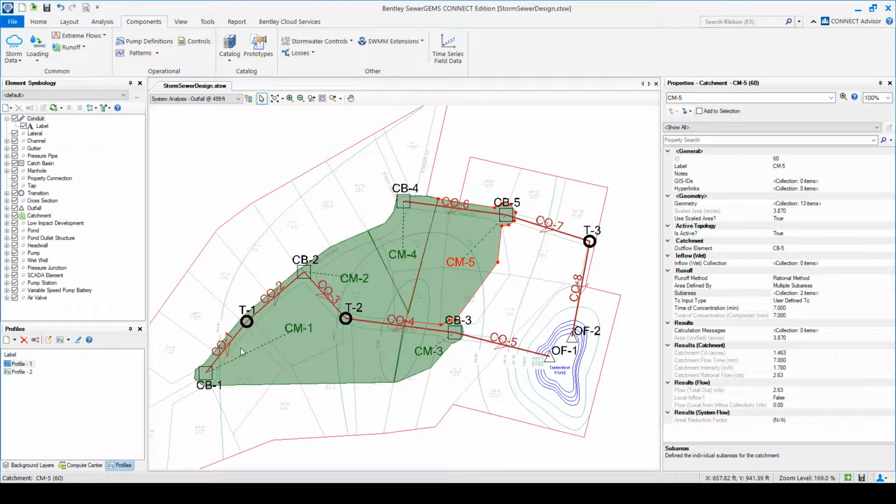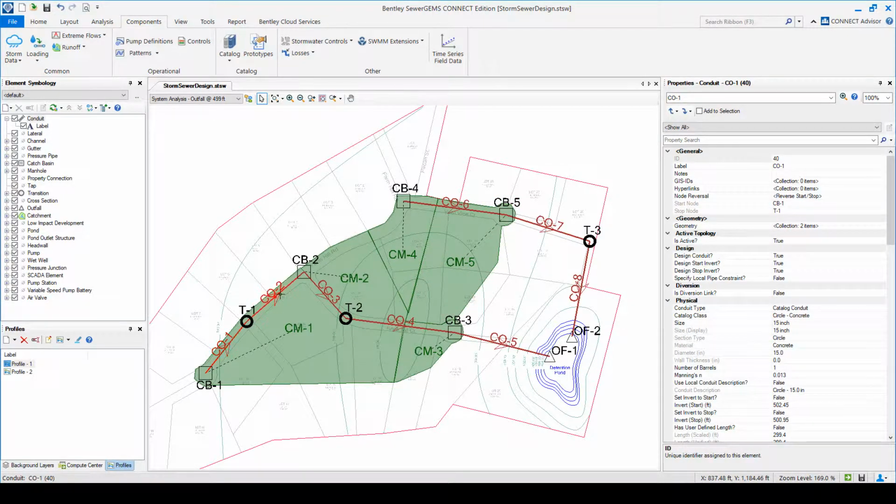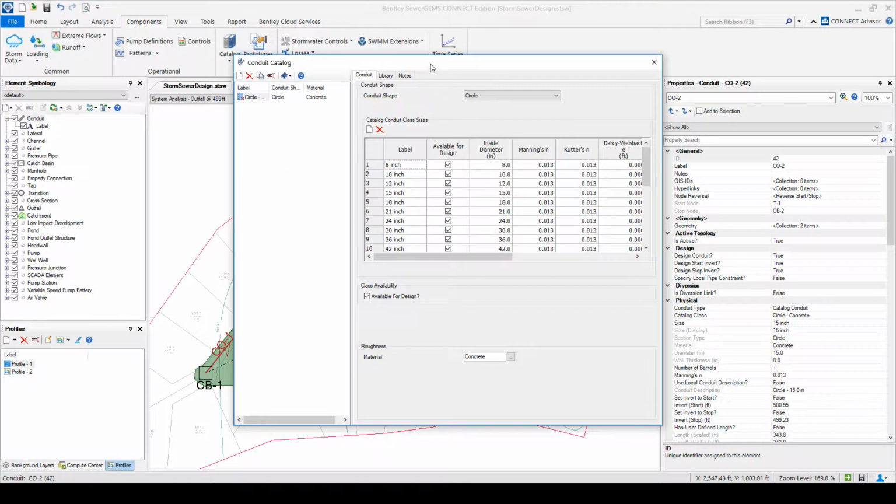And in addition to the flows, we had input pipes, and we said we were going to have a catalog of pipes available for it to pick in its design. So we're going to go to the concrete catalog and take a look at that.